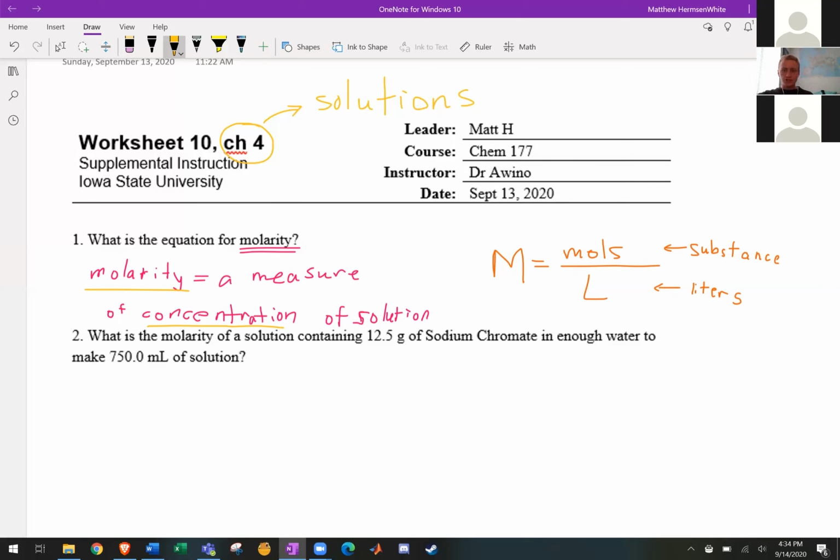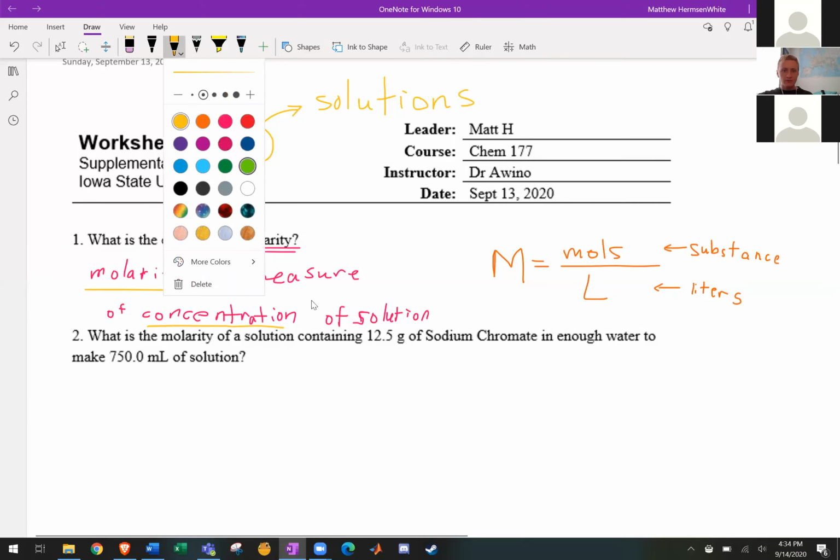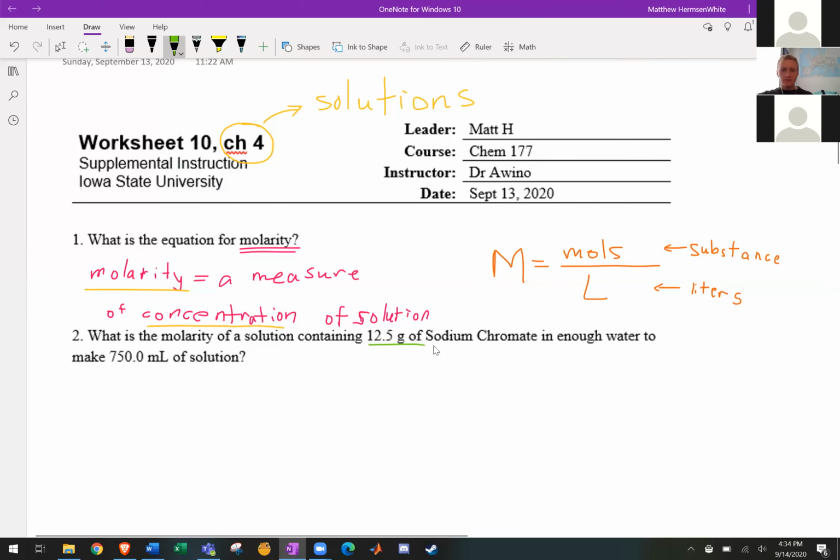Number 2 is an example problem. It says, what is the molarity of a solution containing 12.5 grams of sodium chromate in enough water to make 750 milliliters of solution? Well, we have the liters right here, 750 milliliters, and we have the grams, but we don't want grams, we want moles.